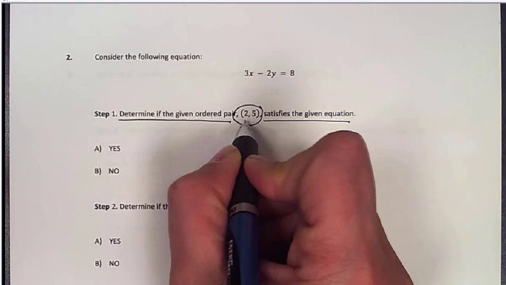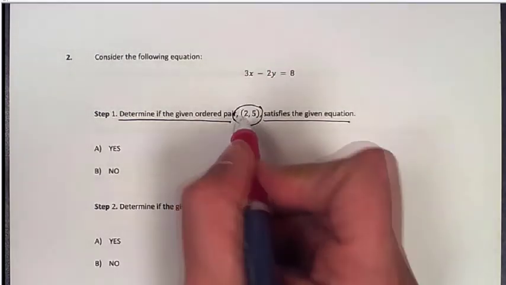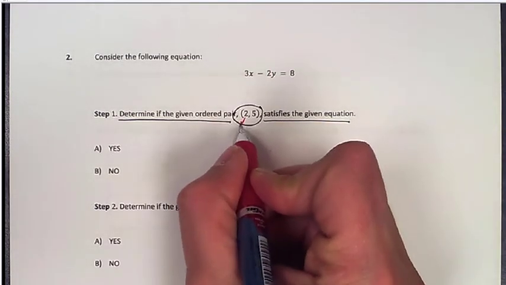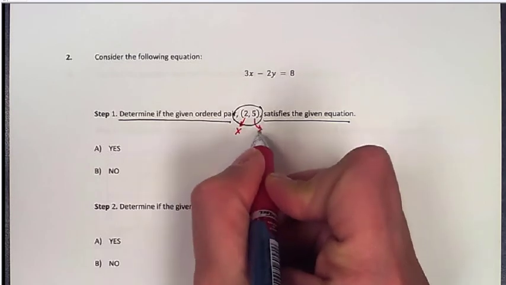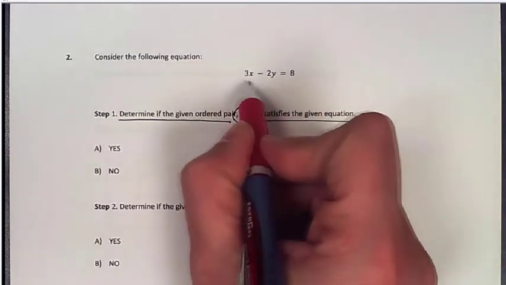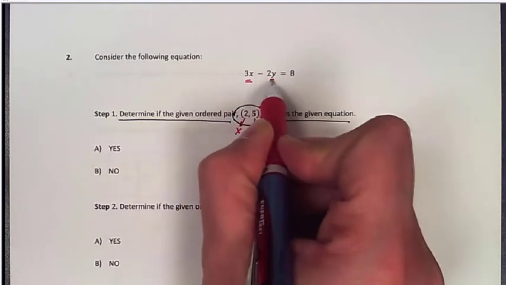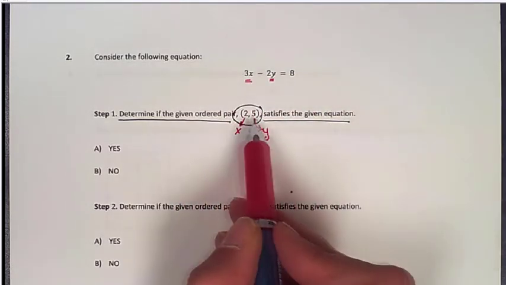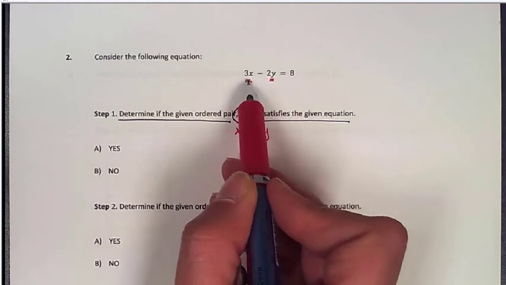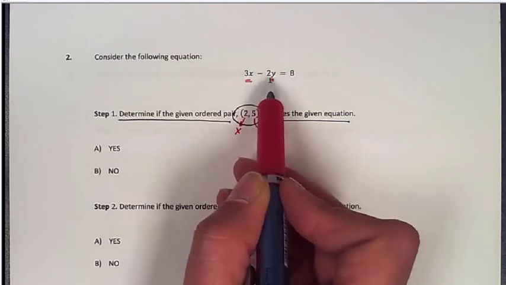Remember, when we're looking at this, the 2 here is your x value, and the 5 here is your y, and you've been given this equation up at the top, 3x minus 2y, so you know you have an x and a y. So all we're going to do is take these 2 values and plug them into their corresponding variables in the equation.